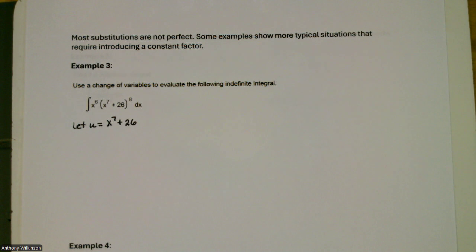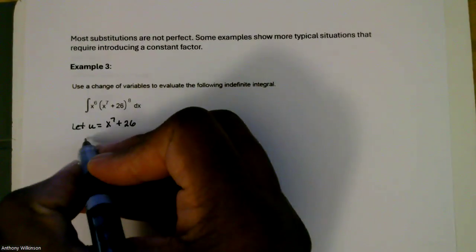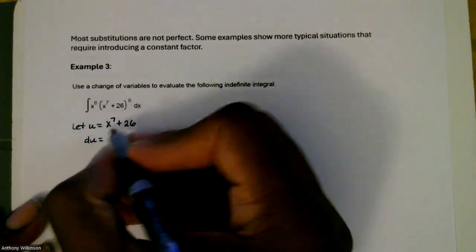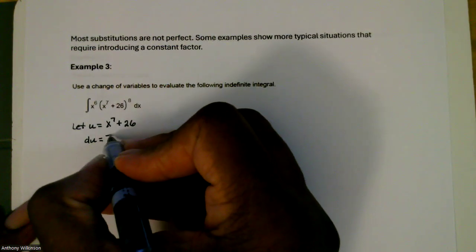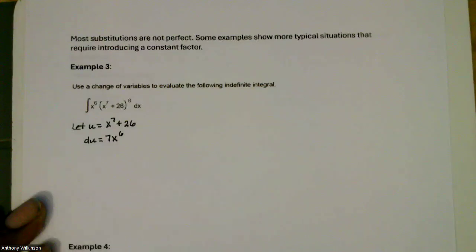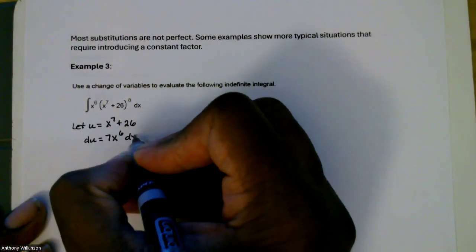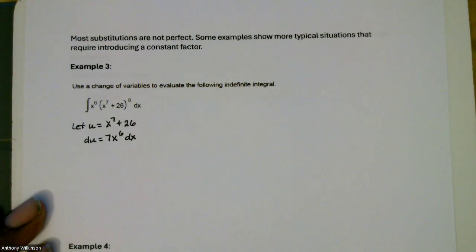So my u will be equal to x to the 7th plus 26. And then du, I'll take the derivative of that. Well, the derivative of x to the 7th will be 7. Bring down the 7, copy the x over to the 1 less power. So it'll be 7x to the 6 dx. And of course, the derivative of 26 is 0.